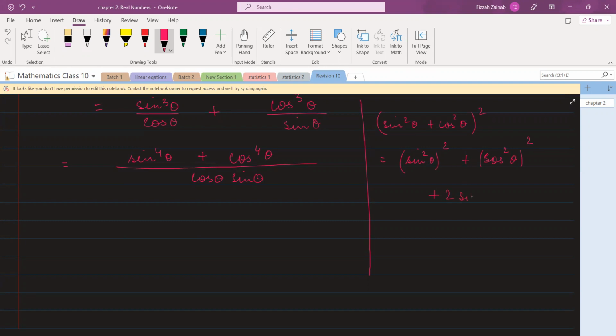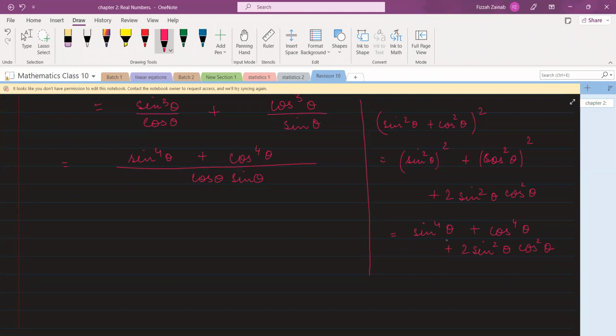So 2 into sine square theta into cos square theta, right? So this becomes sine 4 theta plus cos 4 theta and plus 2 sine square theta cos square theta, right?